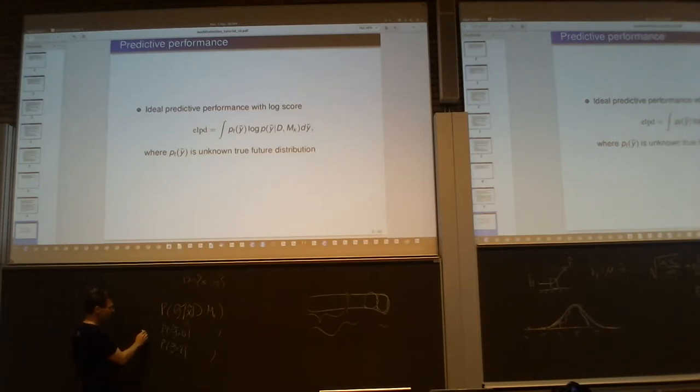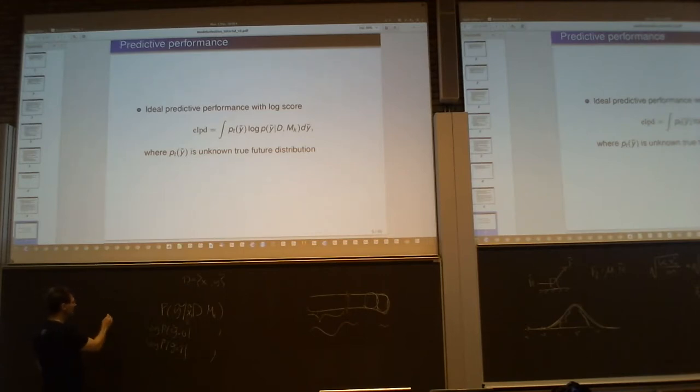So we want to evaluate, like here, the log probability for not dying and the log probability for dying. But since we don't know beforehand whether someone will die or not, we can compute the expected log density or log probability.